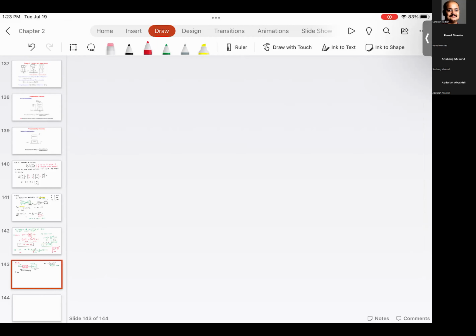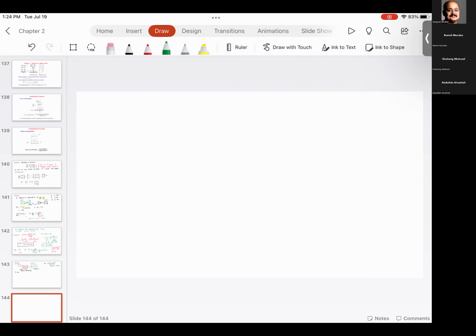To do that, first and foremost, we need to set up the differential equation of motion. The differential equation of motion can be written using Newton's second law.